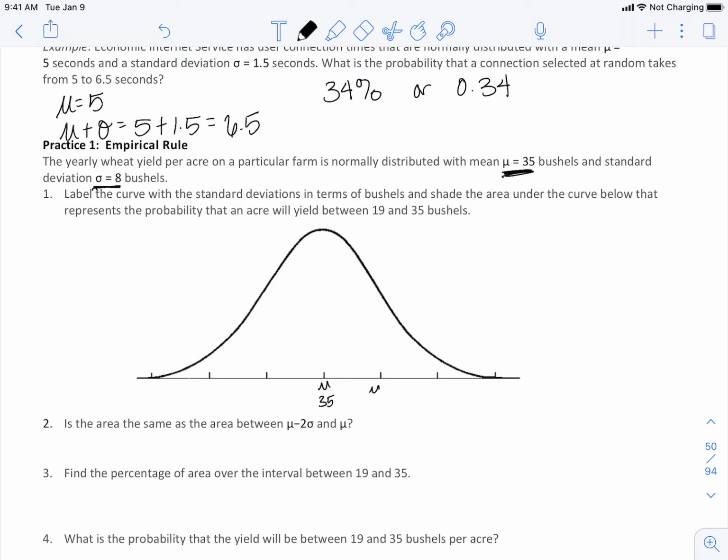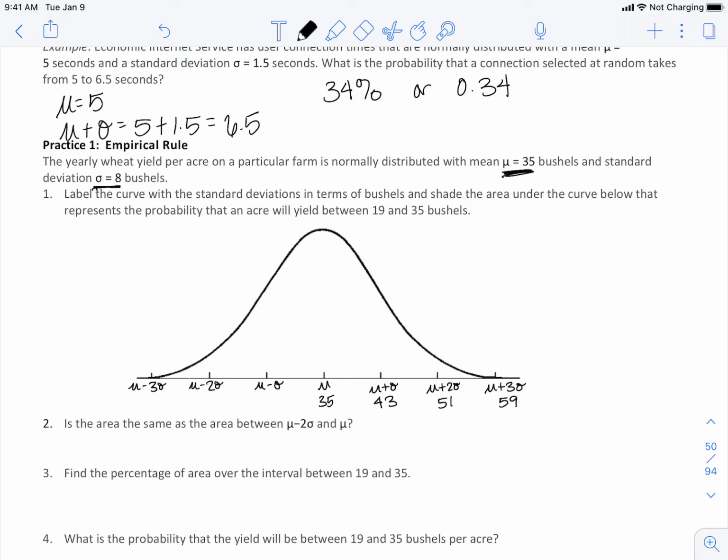So remember, this is mu plus sigma, mu plus 2 times sigma, mu plus 3 times sigma. So adding 8 each time, this is 43, 51, 59. Then we go and subtract to fill in the left. This is mu minus sigma, mu minus 2 sigma, mu minus 3 sigma.